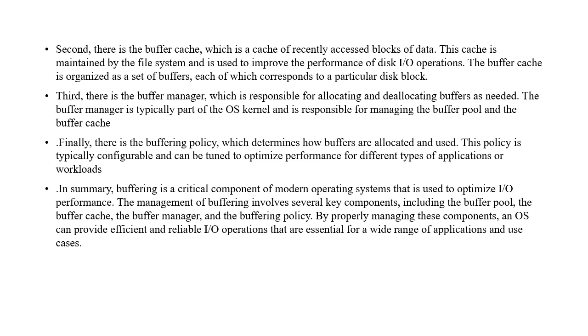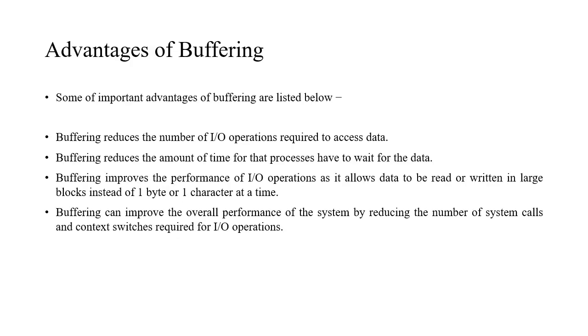So next we are going to see the advantages. Some of the important advantages of buffering are: buffering reduces the number of input-output operations required to access data, and buffering reduces the amount of time a process has to wait for the data. Buffering improves the performance of input-output operations as it allows data to be read or written in large blocks instead of one byte or one character at a time.